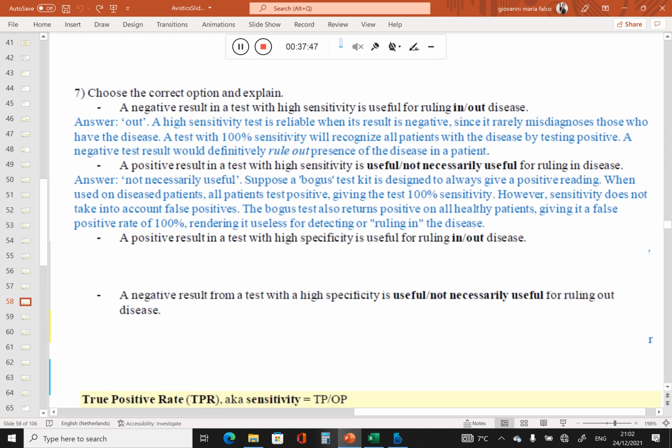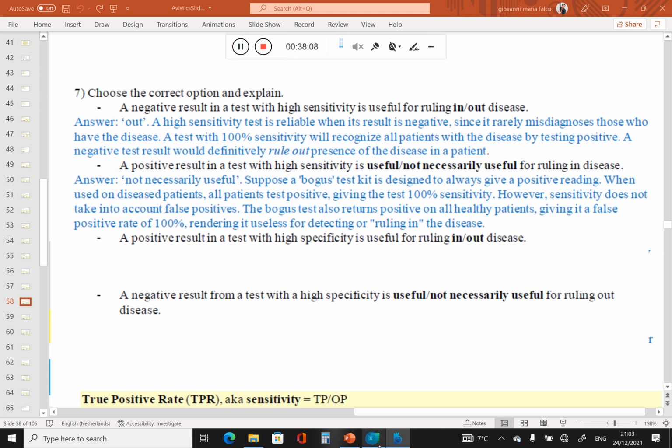The third and the fourth questions are about the specificity. So, a positive result in a test with high specificity: is it useful for ruling in the disease? Here the question is, I have a test with a very high specificity and I get a positive result.